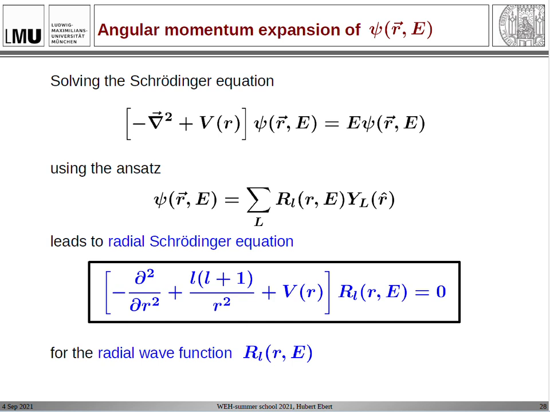Now, I was saying already, we will map all and everything on an angular momentum expansion. In particular, of course, our wave functions that show up, and that means if we have a solution at the end to our Lippmann-Schwinger equation, definitely it has at the same time to solve the Schrödinger equation for our potential.